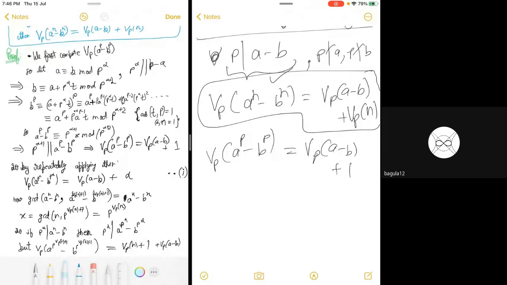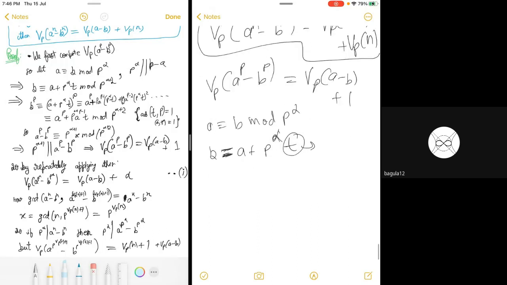For that, notice that A is congruent to B modulo P to the alpha, where alpha is precisely Vp of A minus B. Actually, B is equal to A plus P to the alpha T, where T is co-prime to P. We can write it in this form. This is because (B minus A) divided by P to the alpha is an integer and it is co-prime to P, and this can be exactly put equal to T.